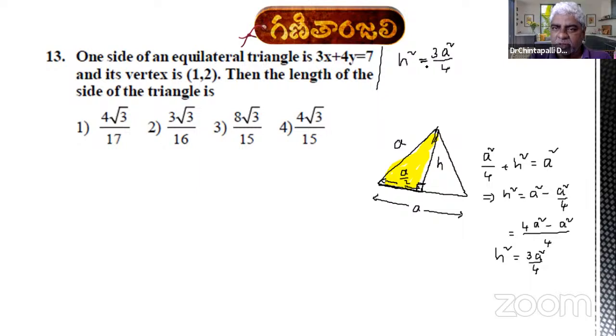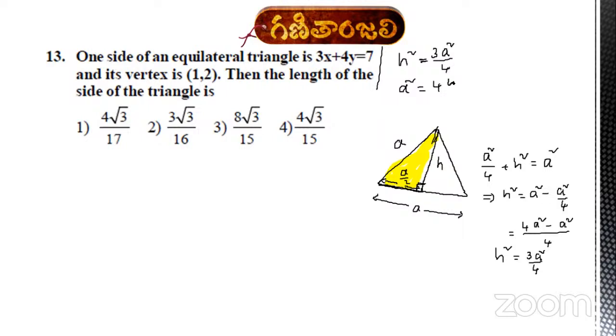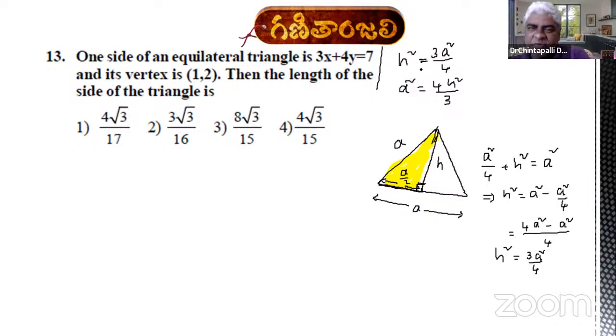If we want H square, it is 3A square by 4. Or if we want A square, it is 4H square by 3. To find H, we use H square equals 3A square by 4. To find the side, we use A square equals 4H square by 3.